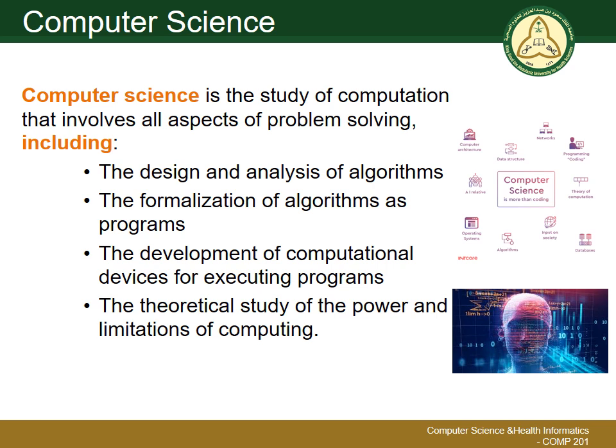The third point, the development of computational devices for executing programs. We need to develop computational devices to execute programs. And the fourth point is the theoretical study of the power and limitation of computing. These points are included under the definition of computer science.